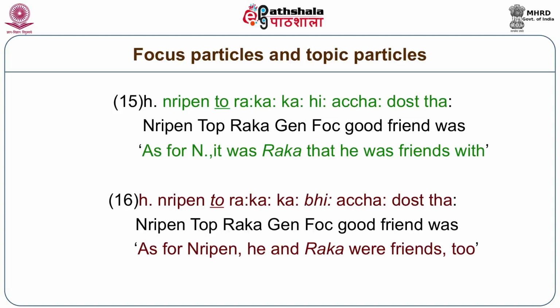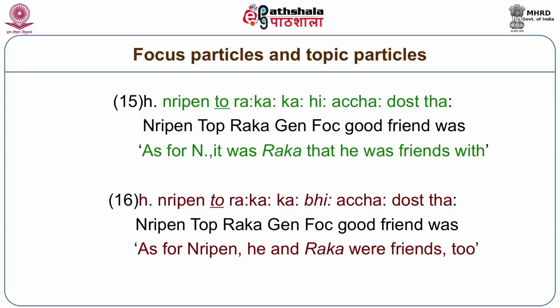Thus, if you take examples where focus and topic particles are present in the same sentence, you get a sense of how official notions in syntax sometimes take up the theme of foregrounding and backgrounding when there are actual syntactic devices to describe.